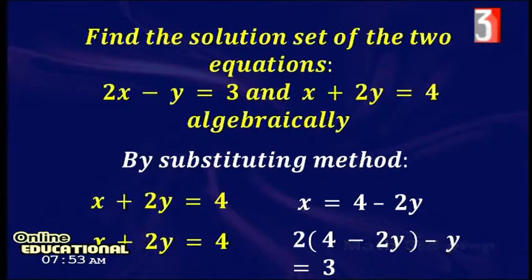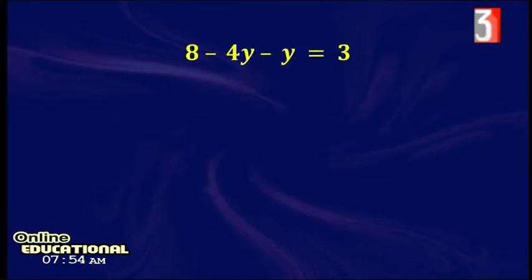Then by multiplying, 8 minus 4y minus y equals 3. By collecting like terms, 8 minus 5y equals 3.